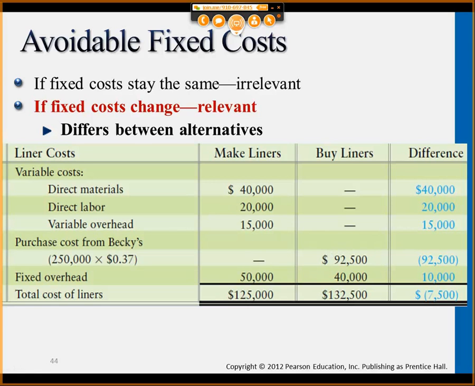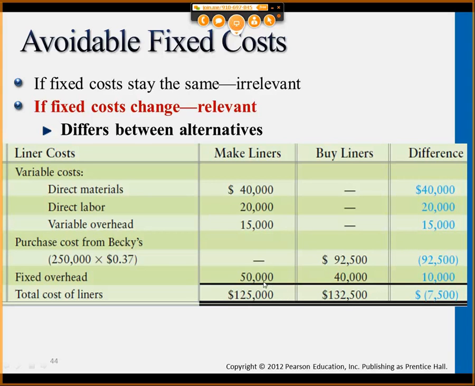Okay, what else? Can we avoid some fixed costs here? We're buying liners. It's at 40,000 here, so it's 10,000 less. Would you go with buying liners or making liners here?